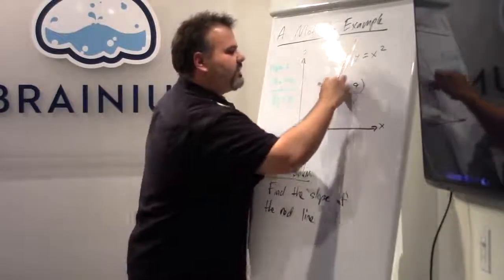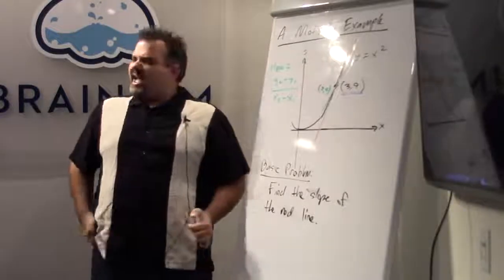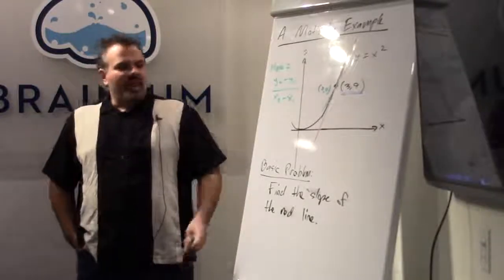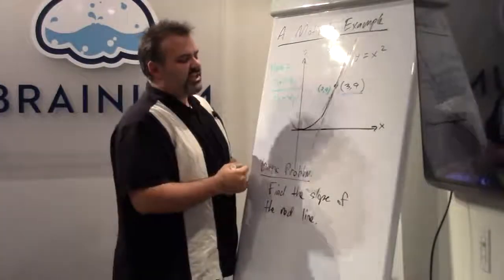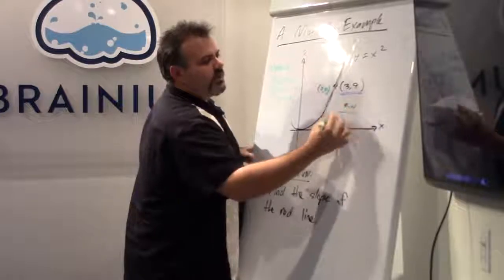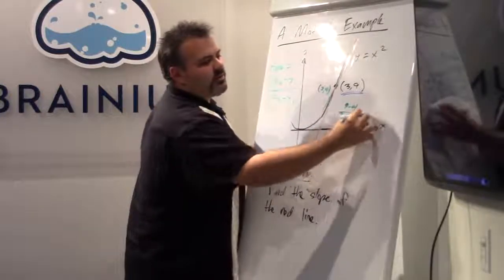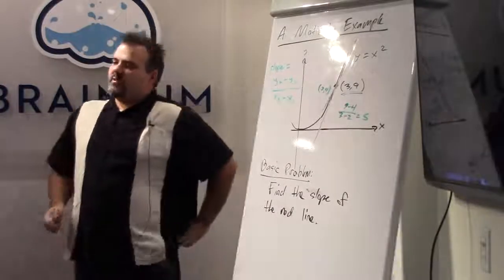And we're going to make this green line. And this green line, we think, okay, that green line is kind of close to the red line. And the green line, it's easy to calculate the slope of. The slope of the green line is 9 minus 4 over 3 minus 2. So 5. So that's really easy to calculate.